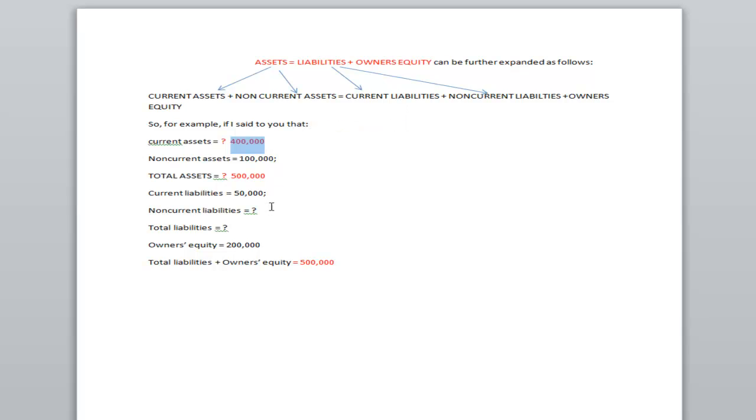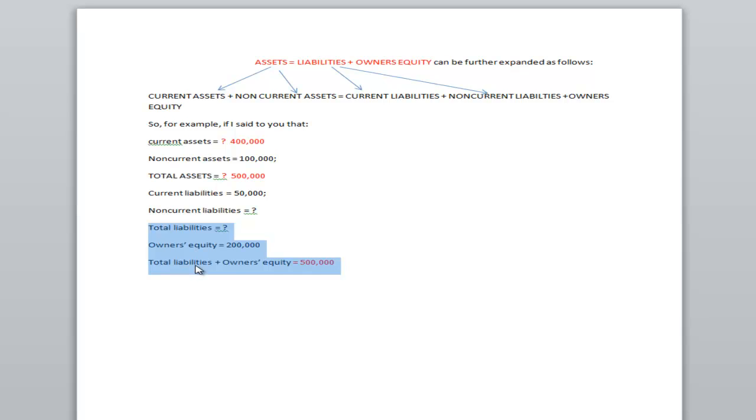So now we still have to find non-current liabilities and total liabilities, but we do know that total liabilities plus owner's equity is going to give us total liabilities plus owner's equity, don't we? So if we just work this part of it, we know that our total liabilities must be $300,000. How do we know?